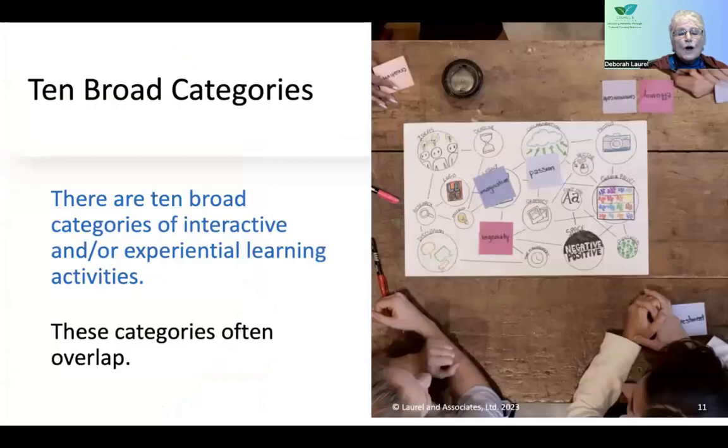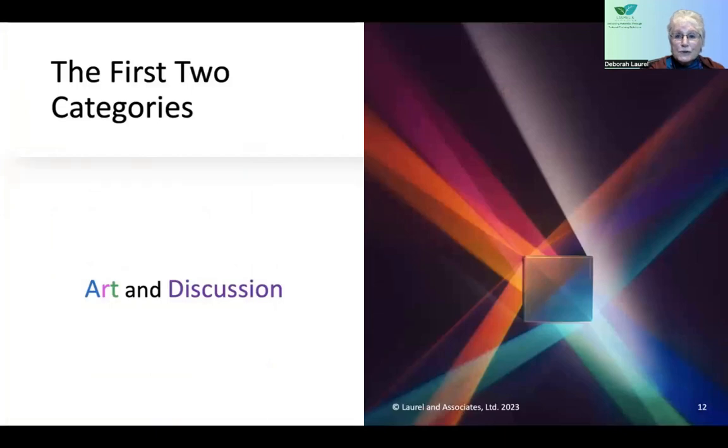There are 10 broad categories of interactive and/or experiential learning activities that I have determined, and these categories often overlap. We're going to look at the first two categories: art and discussion.